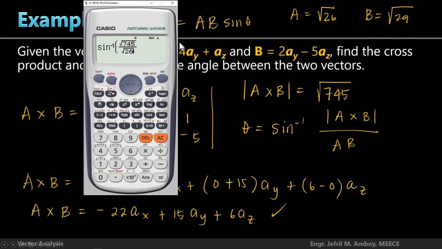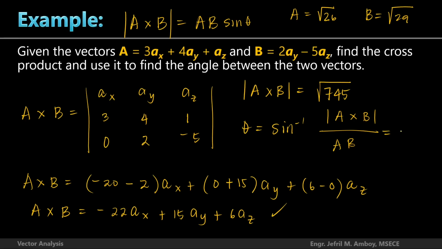So, that's the same as the square root of 26 times 29. We enclose them in a parenthesis and press the equal button. So, we now get 83.73 degrees. That's it. We're able to solve this problem. This is the cross product and this is the angle between these two vectors.